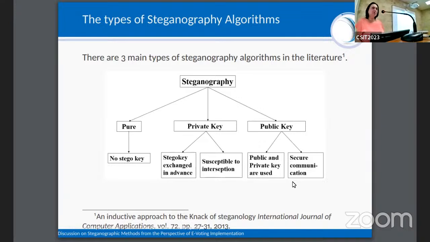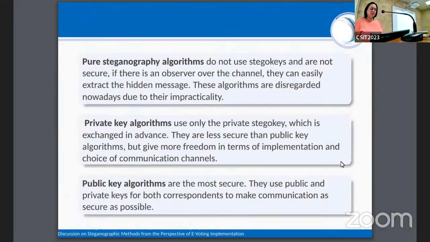Moreover, for users who don't know each other, or when there are many users, a more practical situation is with public key systems. I hope you are familiar with all this, and I go further.